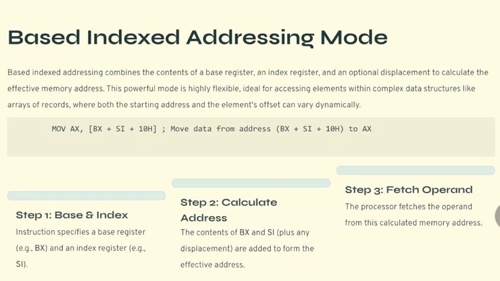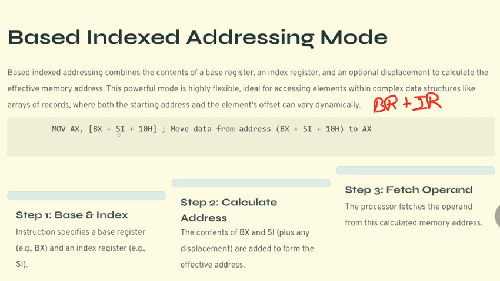Now next we have the based index addressing mode. Again, this is similar to index addressing mode. Here we have a base register, then we have an index register, and we have a displacement, which is optional.